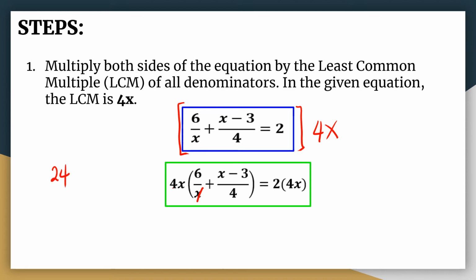Then 4x divided by 4, cancel the 4. Then if we cancel the 4, it becomes x times x minus 3. So x times x is x squared, x times 3 is 3x, equals 2 times 4x, that is 8x.